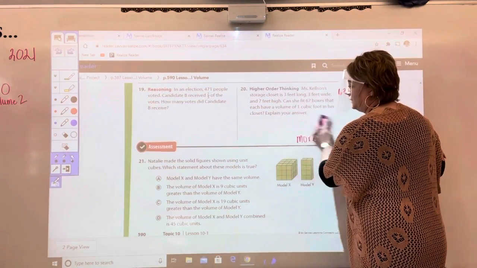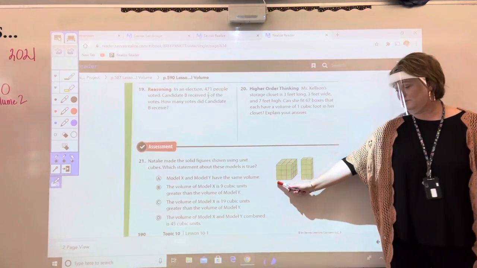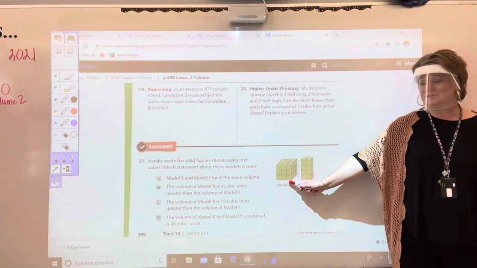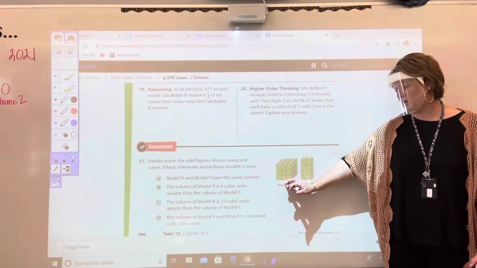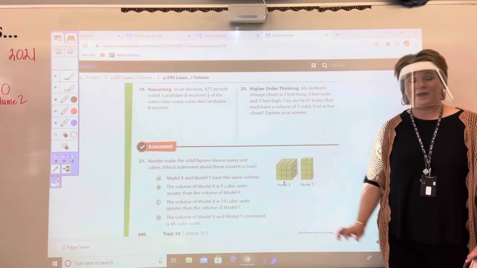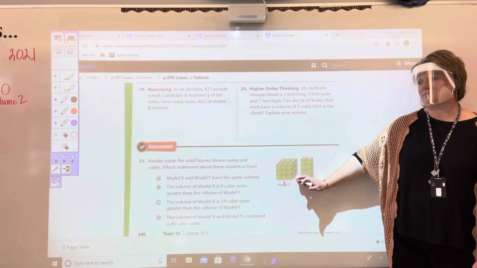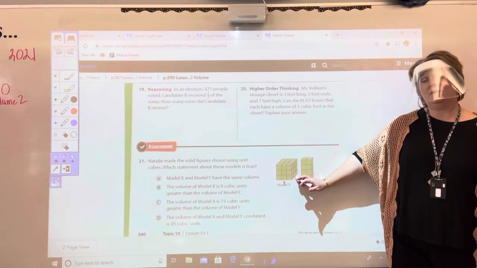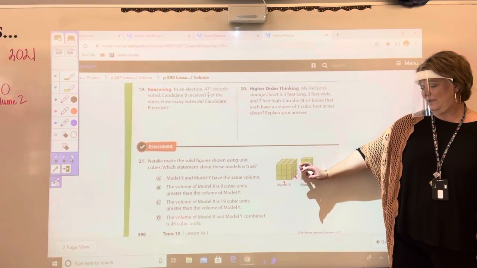Okay, so I'm not doing 21 with you, but real quick, I want you to find the length right now of model X on 21, and I want you to write the length right underneath model X. I got 3. Did y'all get 3? Mm-hmm. Now we got to do the width of model X. What's the width? 1. What's the width? 3. What's the height of model X? 3.